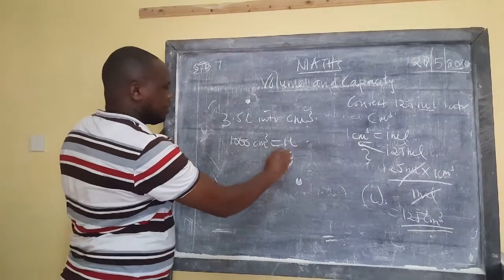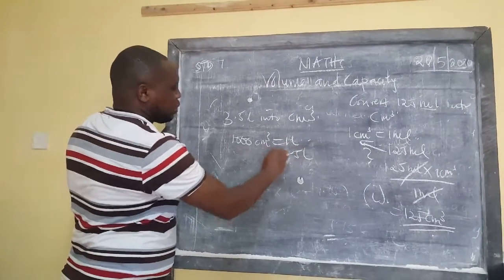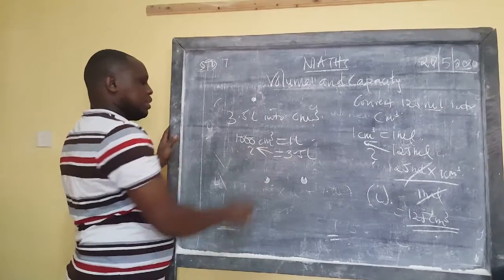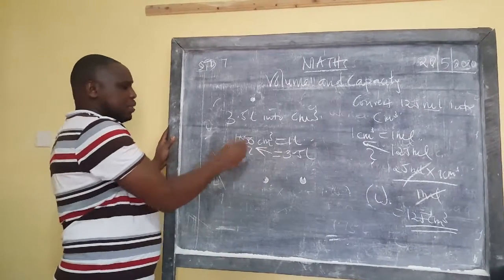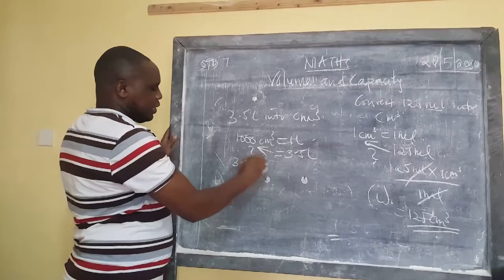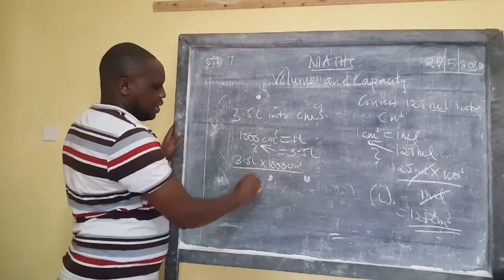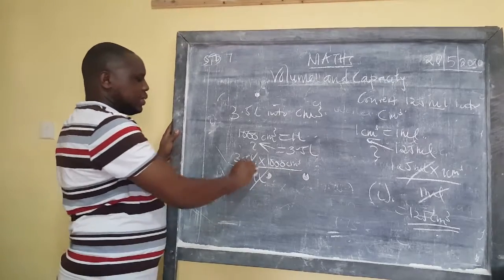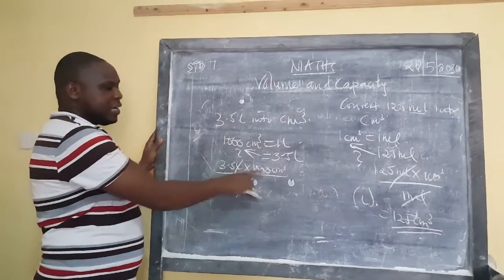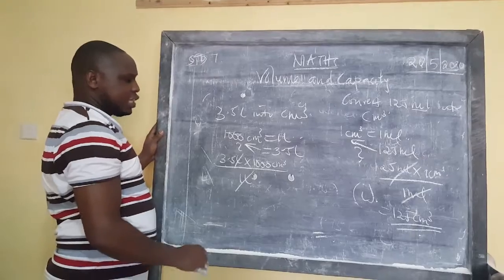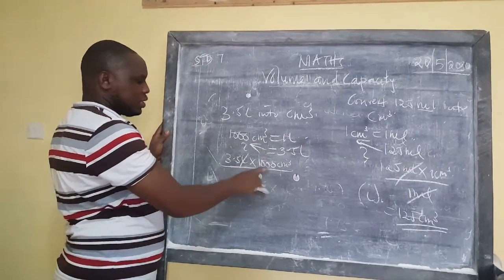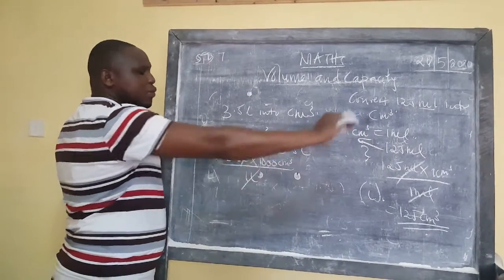So what about 3.5? 3.5 liters, where they are liters, is how many cubic centimeters. This means you multiply with this one. So 3.5 L times 1,000 cubic centimeters over 1 L, and liter will cancel. So you remain with 3.5 times 1,000. I told you, if you multiply with zeros, the decimal point moves forward.